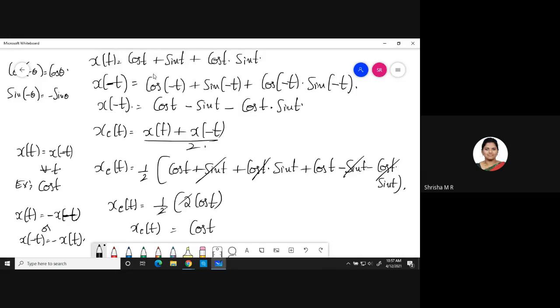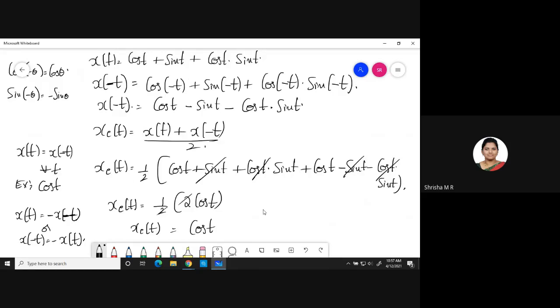This is the condition for the sine wave, an odd signal. The best example for an odd signal is the sine wave, since sine of minus theta is minus sine theta. Depending upon whether it's cosine or sine, it's even or odd.